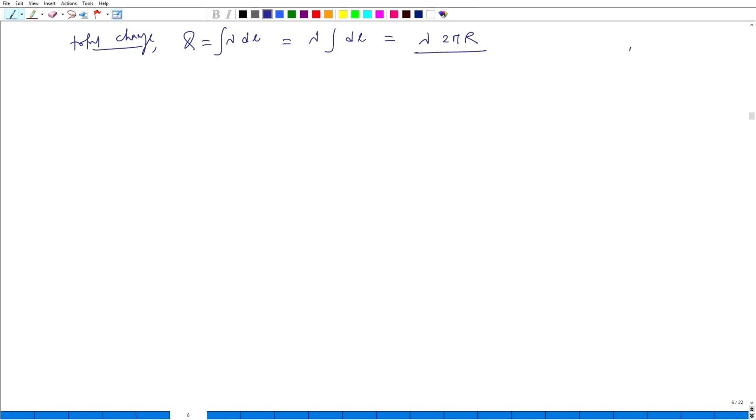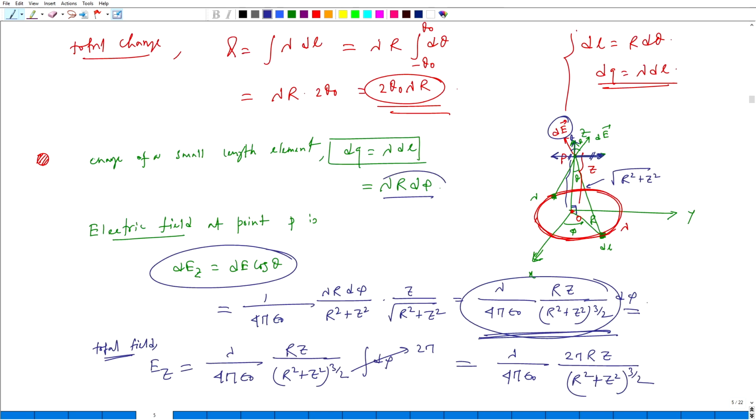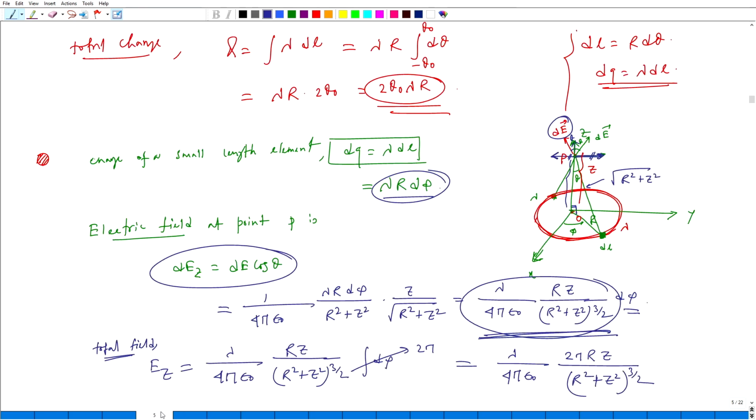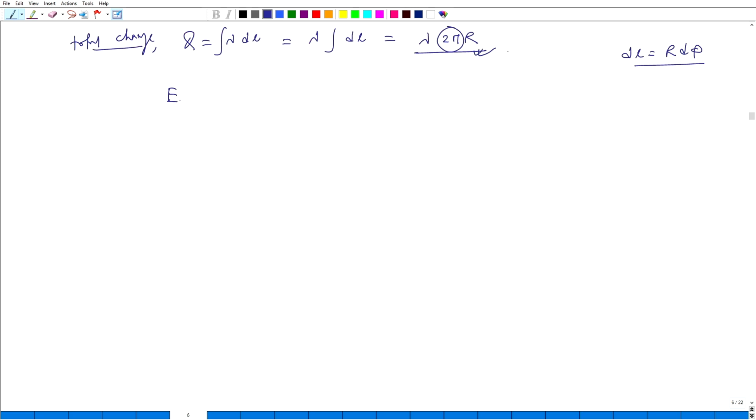Now plugging into this, we write Ez in terms of the total charge. So Ez at a distance z from the center is 1 over 4 pi epsilon naught times q z by r square plus z square the whole to the power 3 by 2, where q is the total charge of the ring.